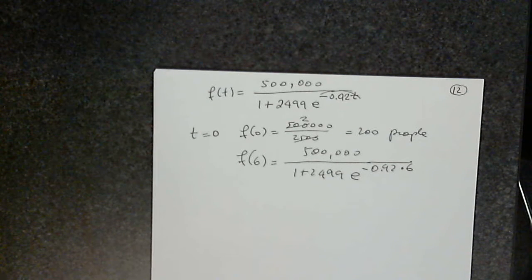Divided by left parenthesis 1 plus 2499, and I put parentheses around the power, negative 0.92 t for x, close the parenthesis, go outside and close the parenthesis again.